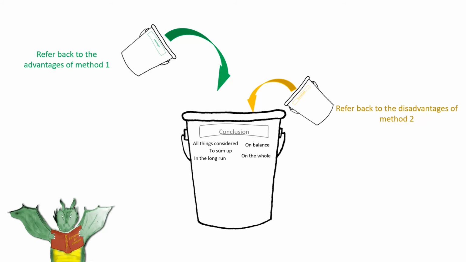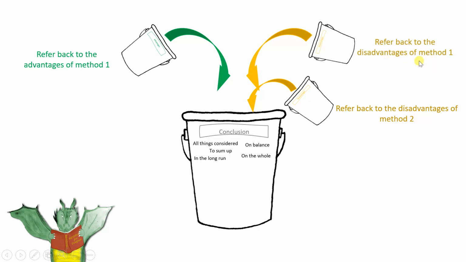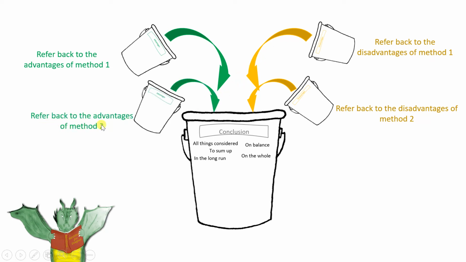A good way to show you're evaluating though is now if you made the choice of method 1, say, what you then talk about is a disadvantage of the method you're choosing, and you link that to perhaps the advantage of the second method. Now the reason for doing that is that the disadvantage of your preferred method might be such a small risk that the benefits of the second method don't actually outweigh the risk.